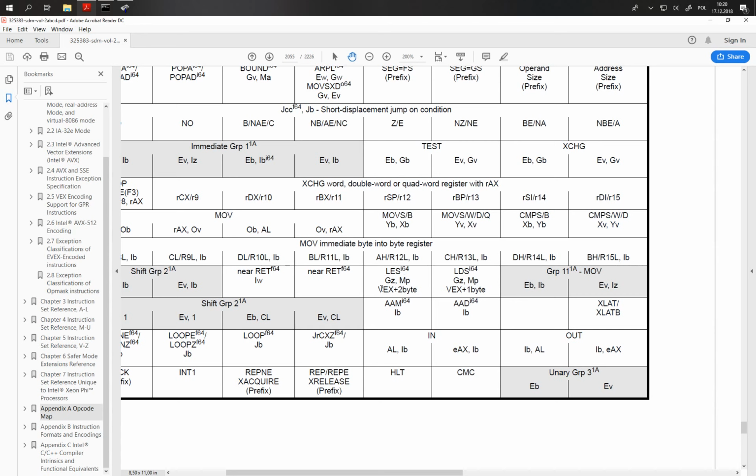For this reason, VEX is still possible to have in 32-bit mode, and it is possible to use AVX instructions in 32-bit mode.